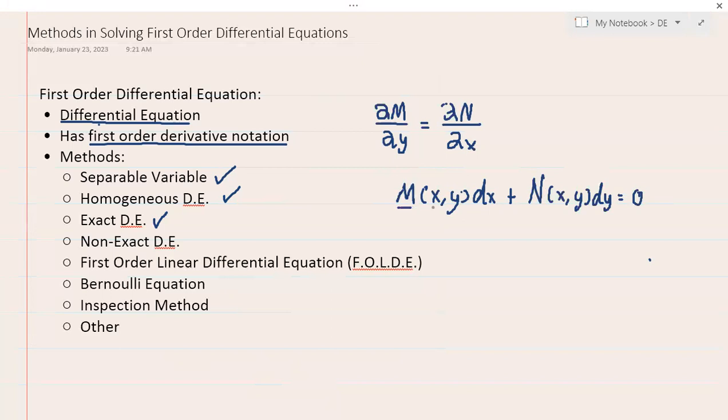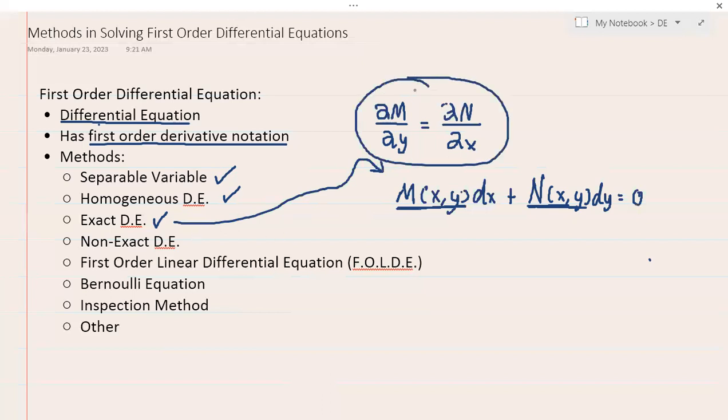So, kung kukunin mo yung derivative ni M in terms of y at saka derivative ni N in terms of x, and they are both the same to each other, then it means this is exact differential equation. If and only if partial derivative of M in terms of y is equal to the partial derivative of N in terms of x. So ito yung tanong, is it applicable sa isang homogeneous differential equation?